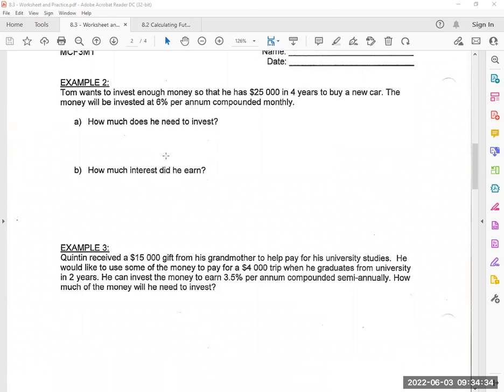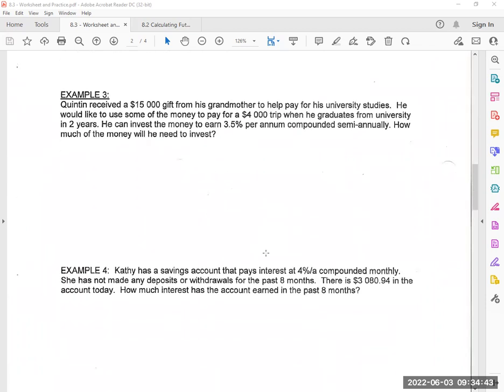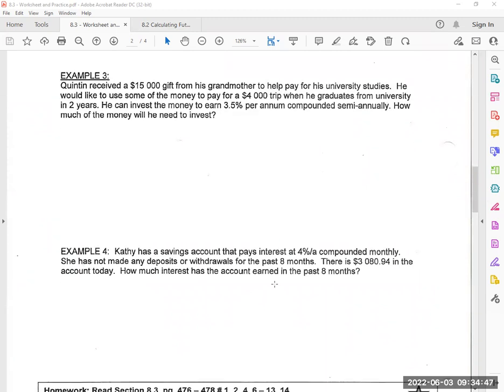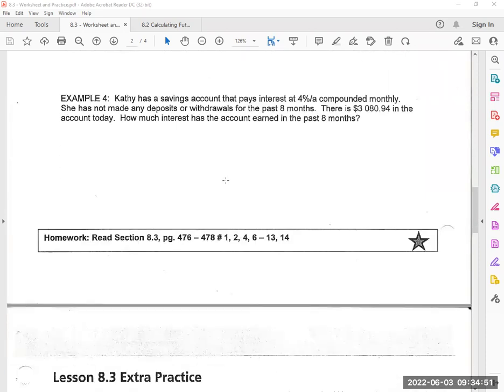I'm looking for example 4. Look very carefully. I knew I had one like this. Let's write everything that we know.